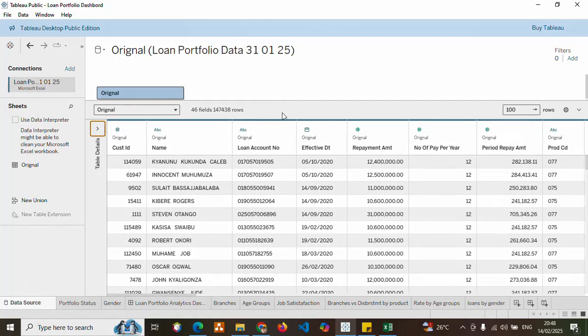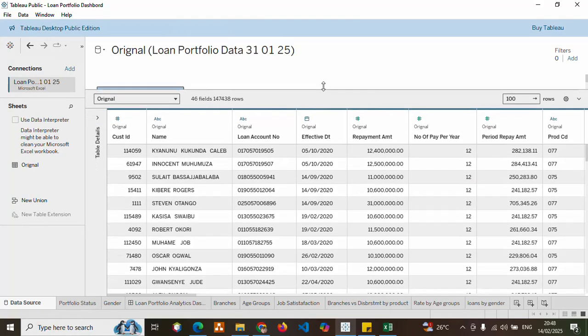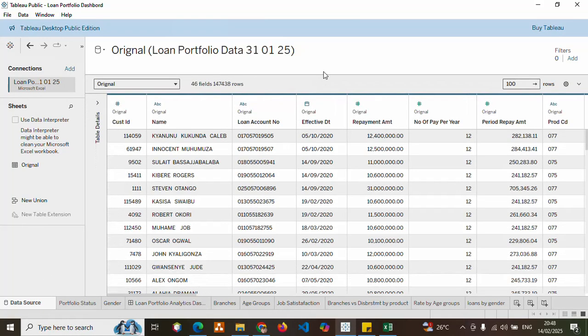This is the data, how it will be looking when we import it into Tableau, of loan portfolio.